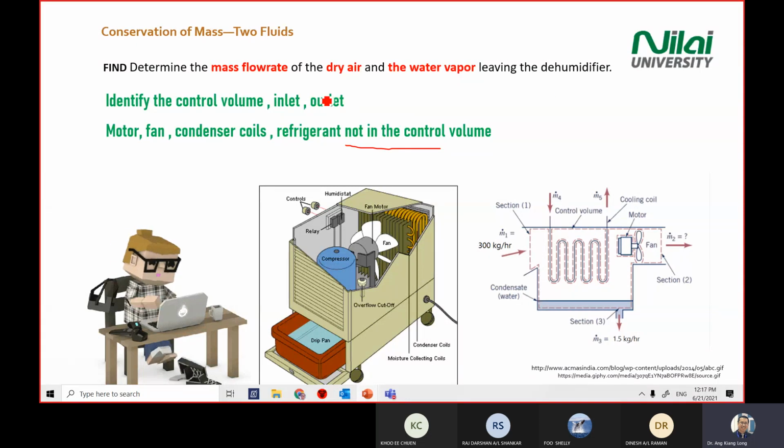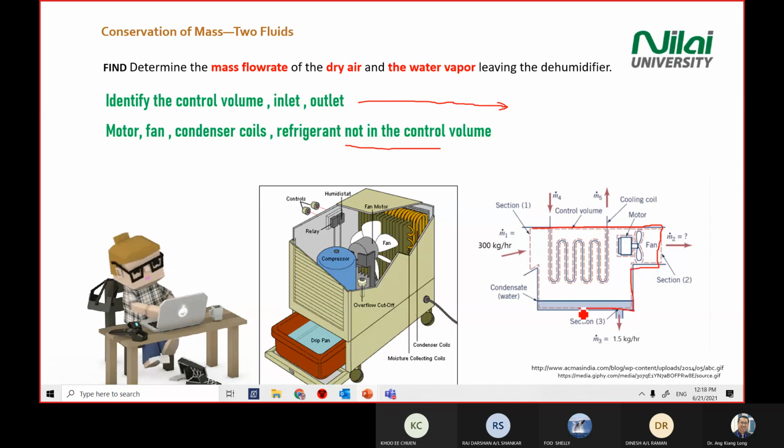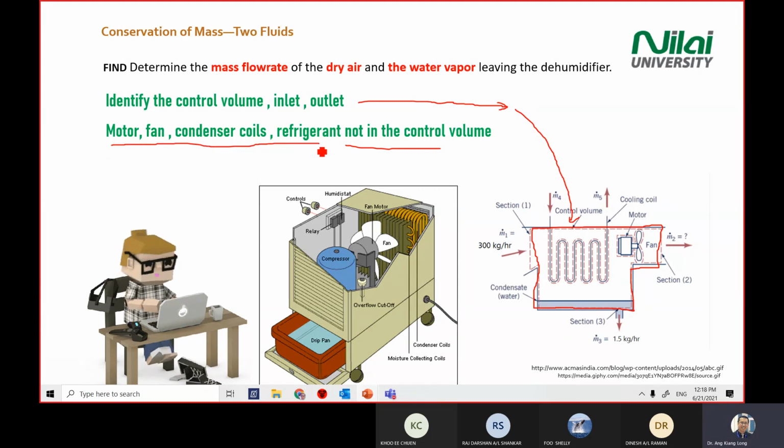If you only consider the first one, when you draw the first one, the control volume will look like this. This is the first statement. It means you will cover everything. However, if the question mentions that you don't need to consider the motor, fan, condenser, and all the accessories in the system, then you need to go down and plot all this.